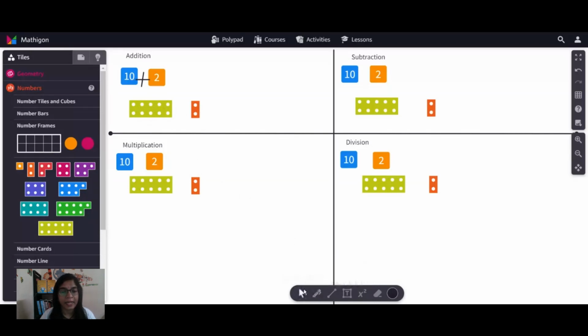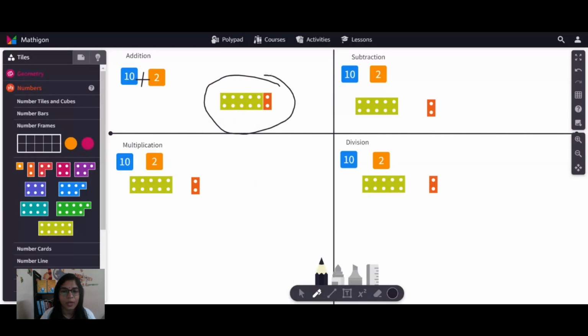When we are adding, what it means is we are bringing this one and this one and joining them together, and now we are going to count the entire thing together. 1, 2, 3, 4, 5, 6, 7, 8, 9, 10, 11, 12. So the answer is 12. The important thing is both the things were brought together.